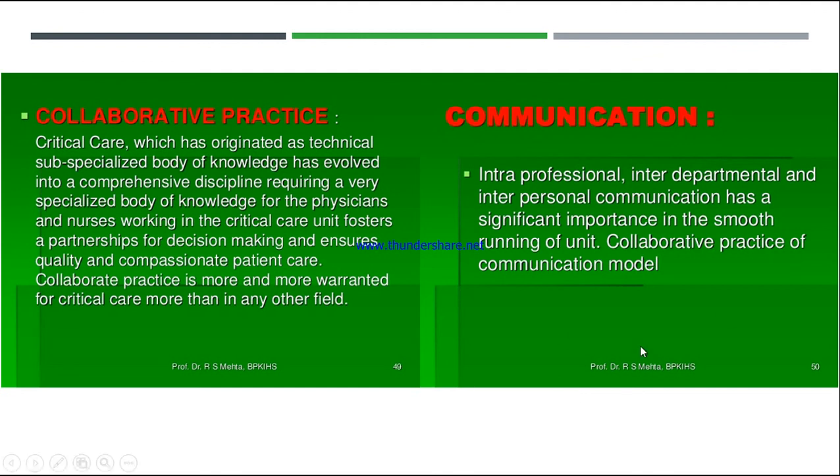So communication is one of the most important principles of critical care nursing. Intraprofessional means nurse to nurse. Next, interdepartmental, meaning nurse and doctor, or nurse and housekeeping staff, or nurse and physiotherapist, or nurse and nutritionist, or nurse and counselor. Interpersonal communication has a significant importance in the smooth running of the unit. So communication should be there.